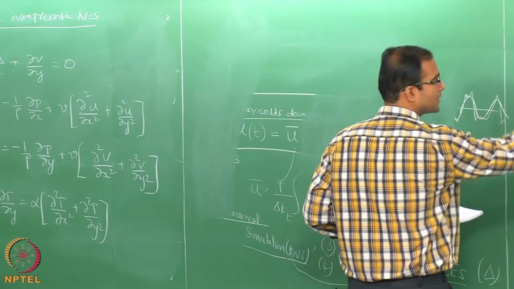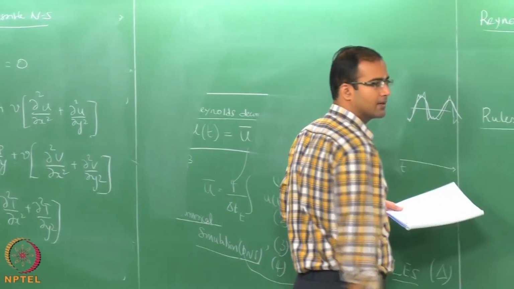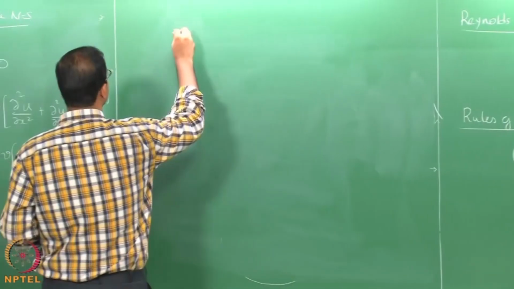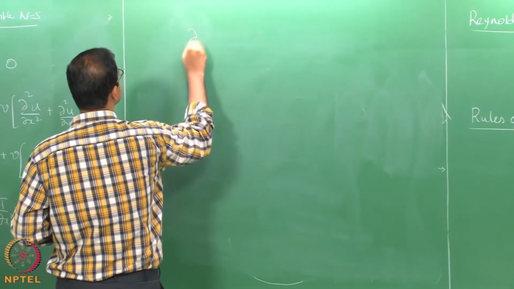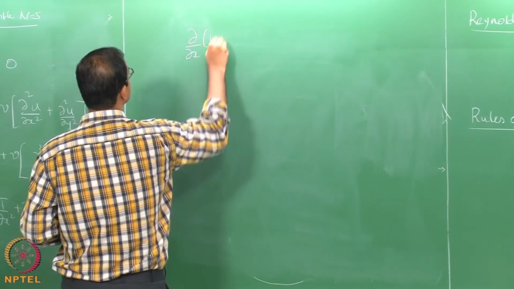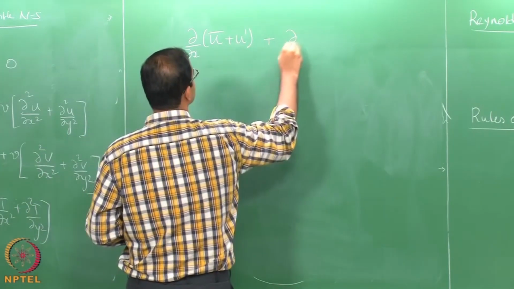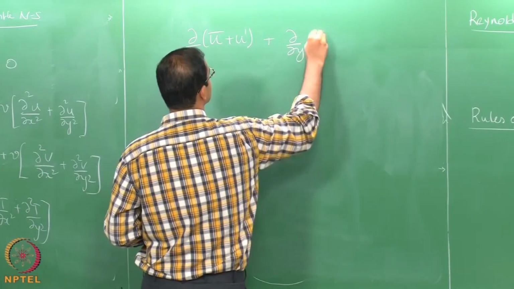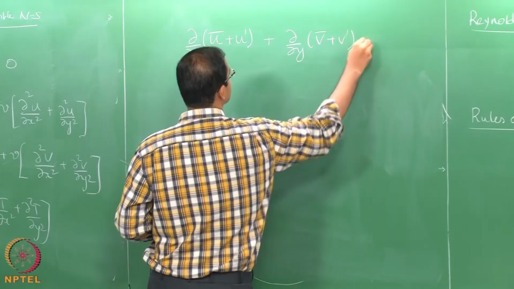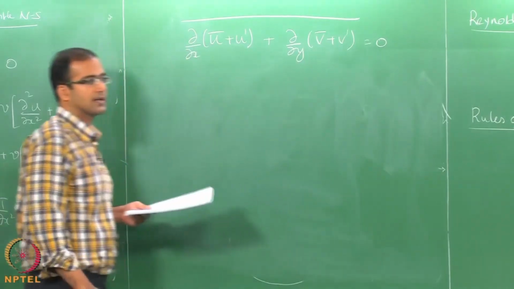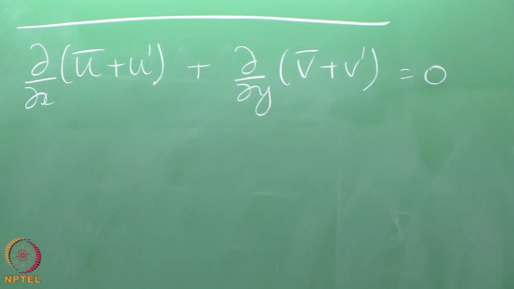I have written down the Reynolds decomposition here. So, you can write the continuity equation as d by dx of u bar plus u prime, plus d by dy of v bar plus v prime, and now average this entire equation. Usually, some textbooks follow some conventions.